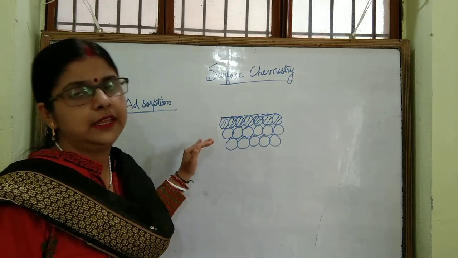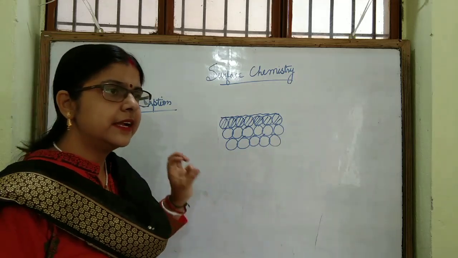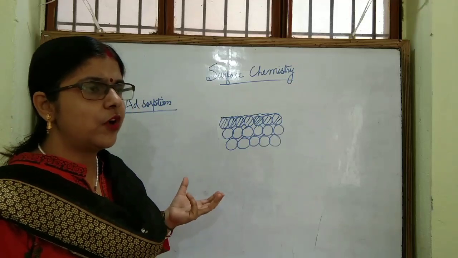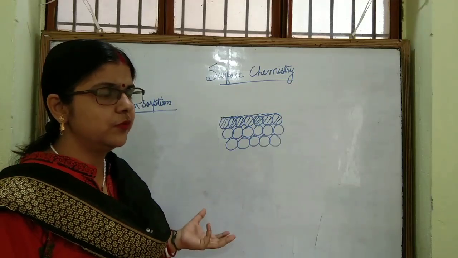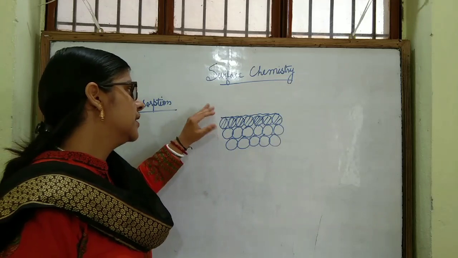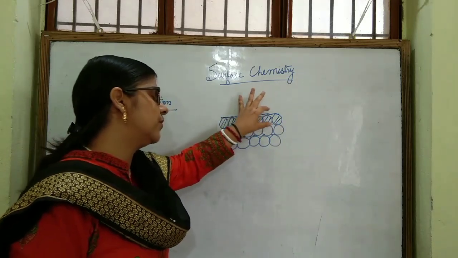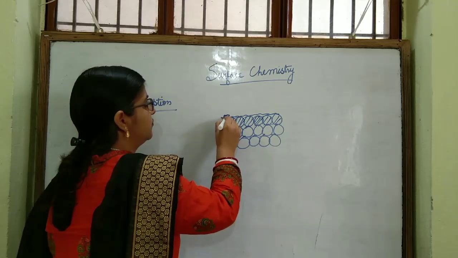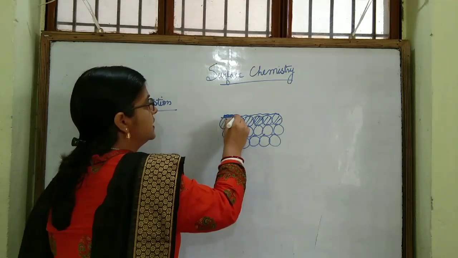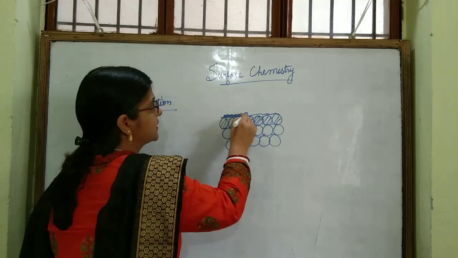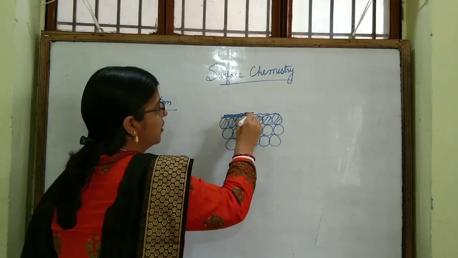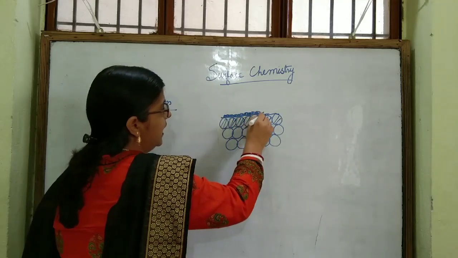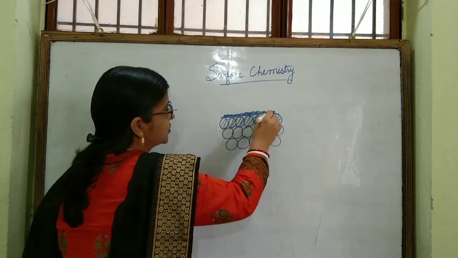Certain species, like molecules of gases or liquids, if they are more concentrated on the surface of some other species, usually a solid, then it is known as adsorption.